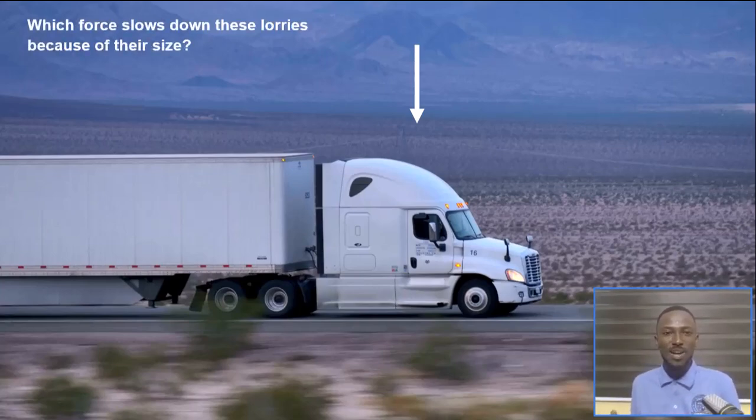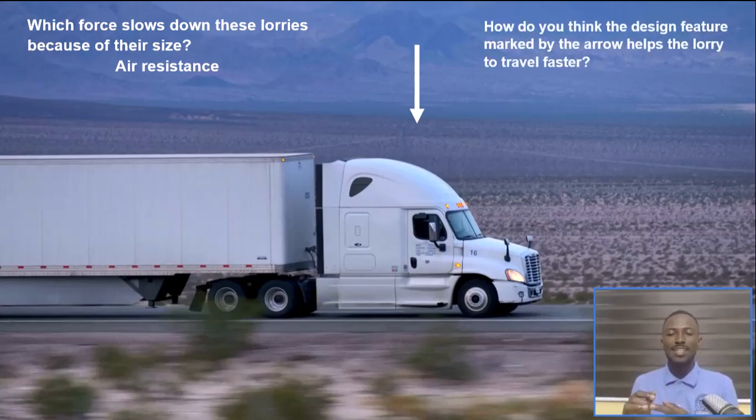So there are some questions here for us. Which force slows down this kind of lorry, because of its size? You see, the lorry is really, really big. So as it is moving on the highway, air resistance tries to slow it down. So that's the kind of force that slows down the vehicle whilst it is moving. And the next question is this. You see that design feature I've pointed to you.